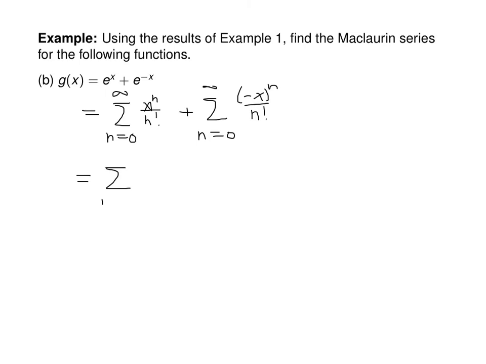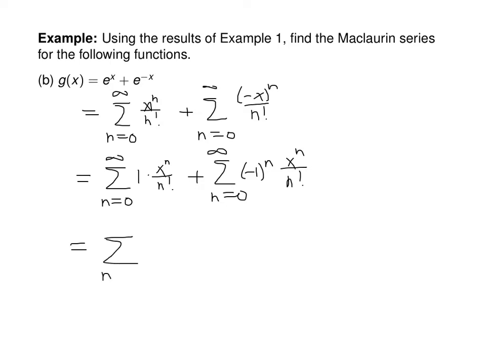So that's the same thing as the sum from 0 to infinity 1 times x to the n over n factorial, plus the sum from n equals 0 to infinity negative 1 to the nth x to the n over n factorial. And combining these into one sum, because both sums are convergent, we can do this. So we'll have 1 plus negative 1 to the n, x to the n over n factorial. This is like factoring out your greatest common factor.